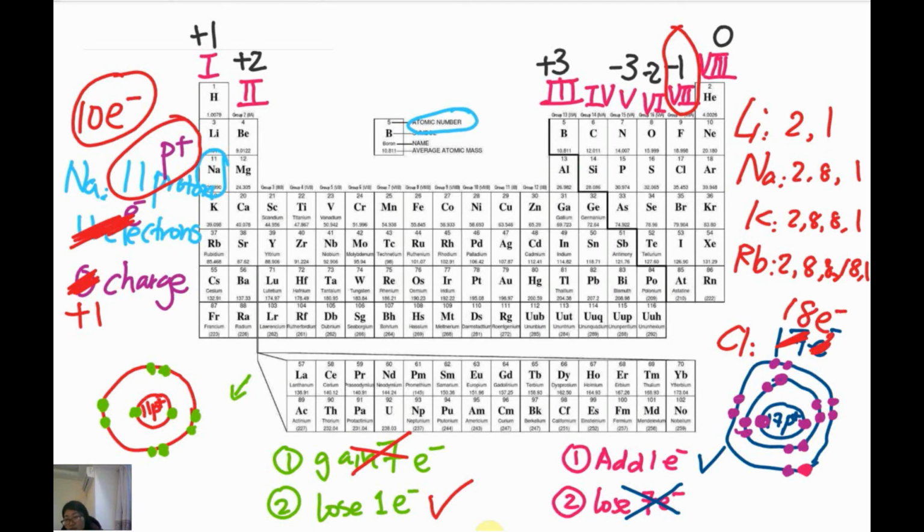But the proton number doesn't change. Still, it's 17. So 17 protons and 18 electrons. And how much charge in total? It's 1 electron, 1 negative charge. So that's why chlorine, this group, is -1 charge here.